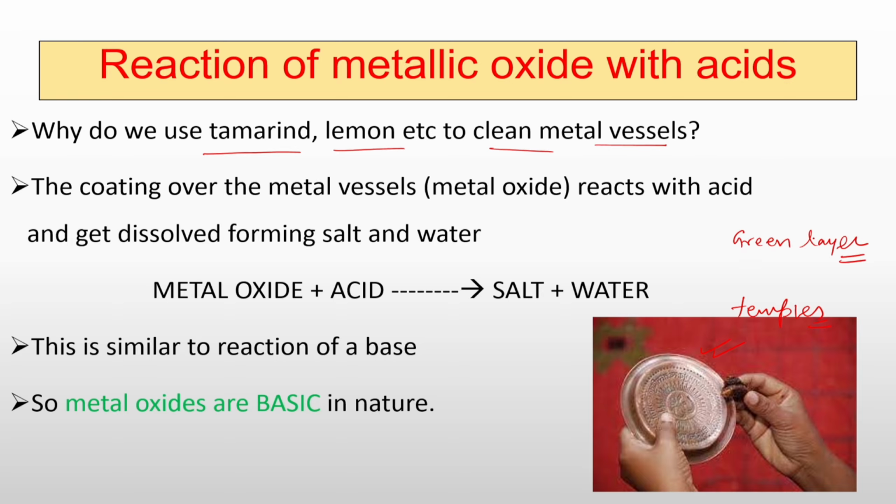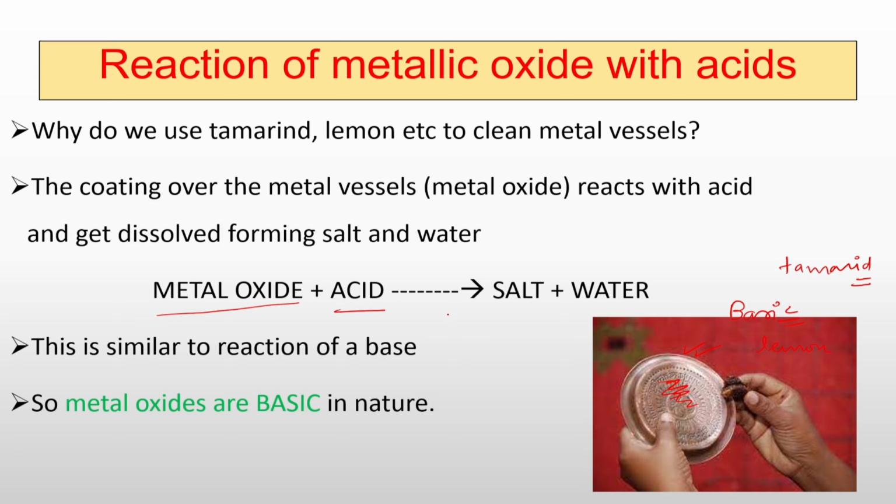What is that green layer? That green layer is because of the oxide layer formed over it. Since it is a metal, its oxide is going to be basic. So that is why when you rub this surface with lemon or tamarind, since lemon and tamarind contain acid, and this metal oxide is a base, again it will form salt and water.